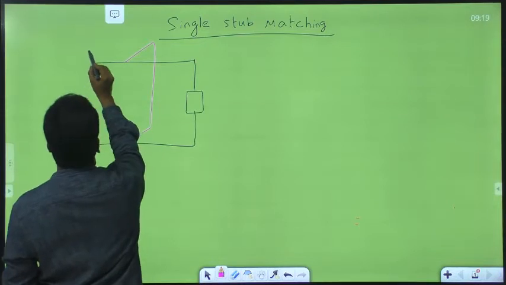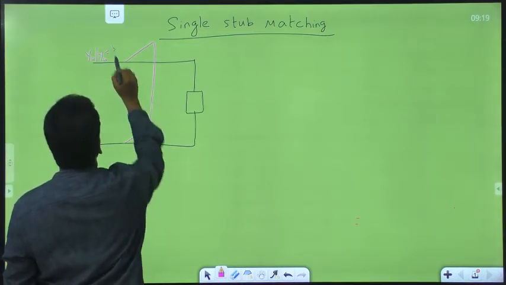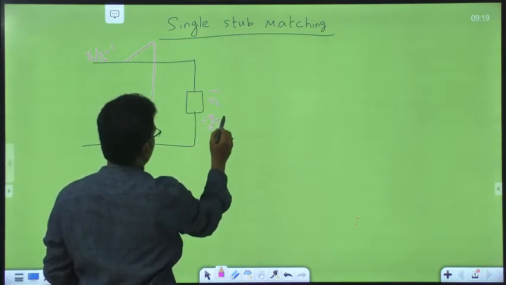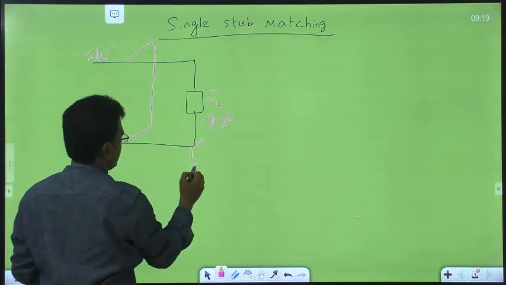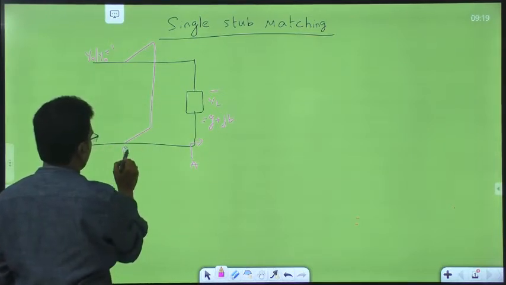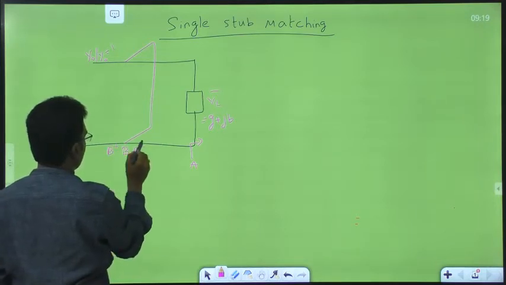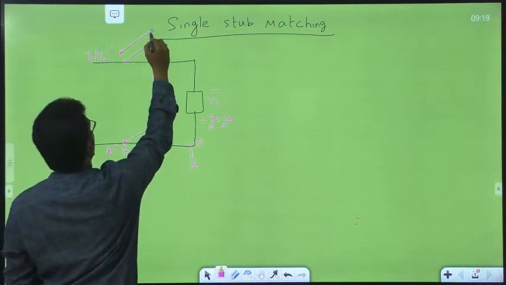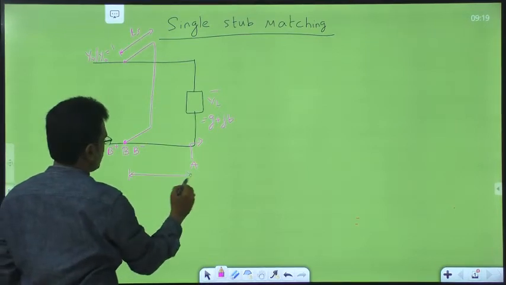This has Y0 by Y0, that is equal to 1. This is YL bar, that is equal to G plus jB, and this is the admittance at the load side. This is B, this is B minus, this is B plus, and this is the length of the stub, and this is the location of the stub.